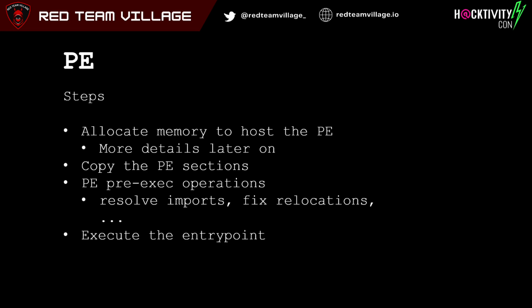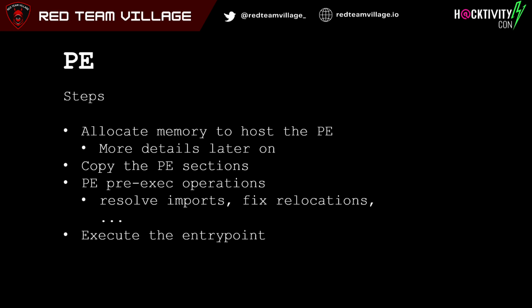Without entering into the details, the high-level steps of loading a PE are the following. We allocate memory to host the PE, and as we said before, we will give more details later on about memory allocation.